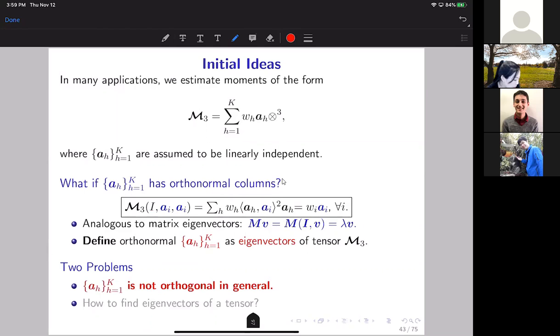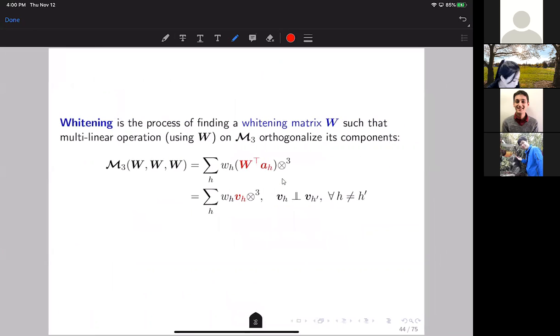With these two problems, we'll first address the first problem, which is that AH is not orthogonal in general. So what can we do? As I talked about very briefly last time, we can do so-called whitening, finding a whitening matrix W. Whitening is the process of finding a whitening matrix W such that a multilinear operation using W on M3 orthogonalizes its components.